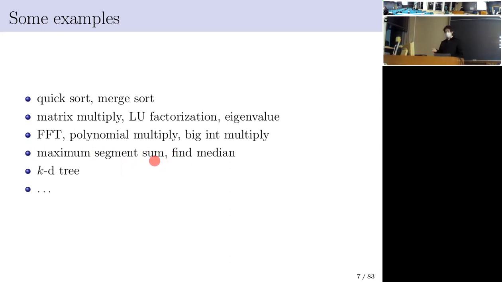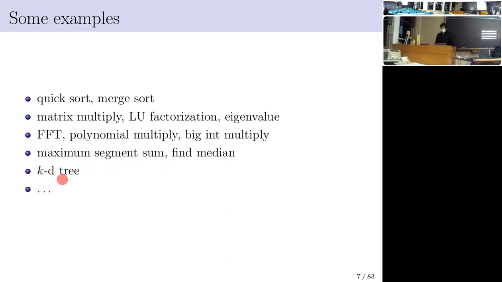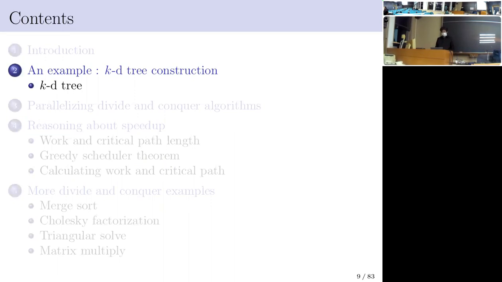But if you try to think in terms of divide and conquer, you may be able to come up with an algorithm. I'm not going to get to this later, but if you are interested, just Google it. So KD tree is something I'm going to cover in some depth as a specific example. I'll get to this next.